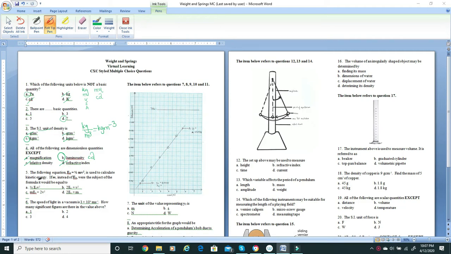Okay, so the following equation, EK equals mv squared over 2, is used to calculate kinetic energy. If m instead of EK were the subject of the formula, it would be equal to, so to make this easier, we say EK is equal to mv squared over 2, because you have to multiply throughout.